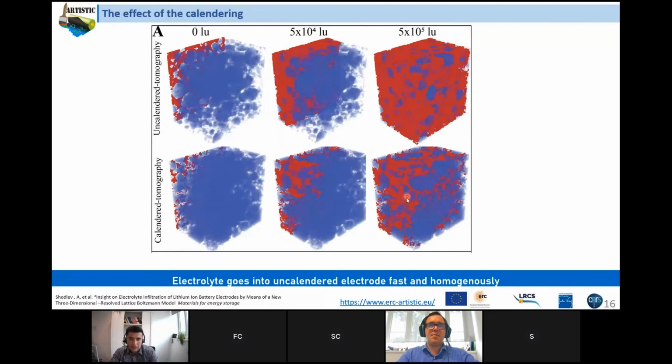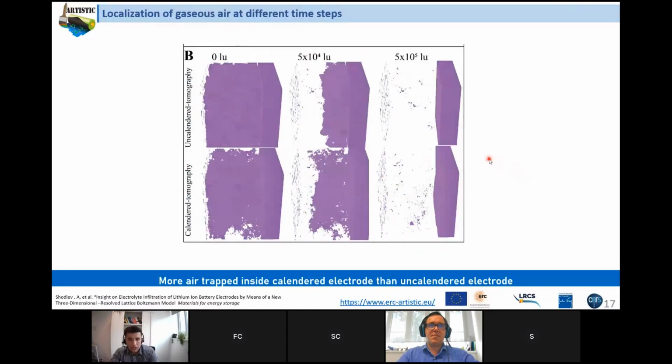And at the end, it fills much faster, of course, as shown with the saturation curve. The same story goes for when the gas leaves the electrode. You can see here that for the uncalendared one, gas leaves homogeneously, and it has less air trapped within the structure compared to the calendared electrode.